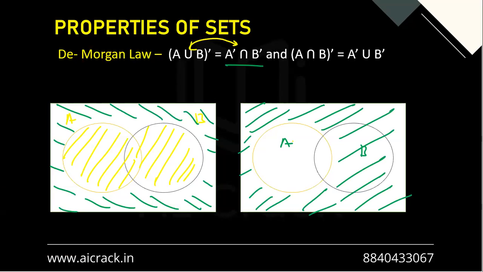Now B dash is this region. So you can clearly see that this intersecting region is the same as this green marked region, right? So that is how we can say that A union B dash equals A dash intersection B dash. We can also prove the other one by a similar kind of approach.